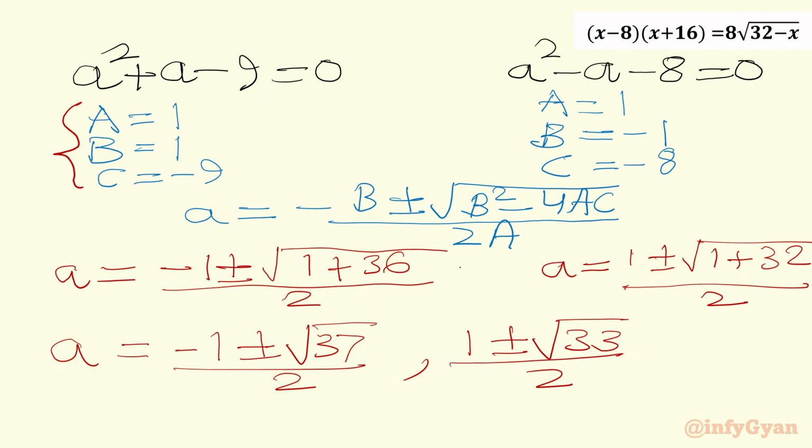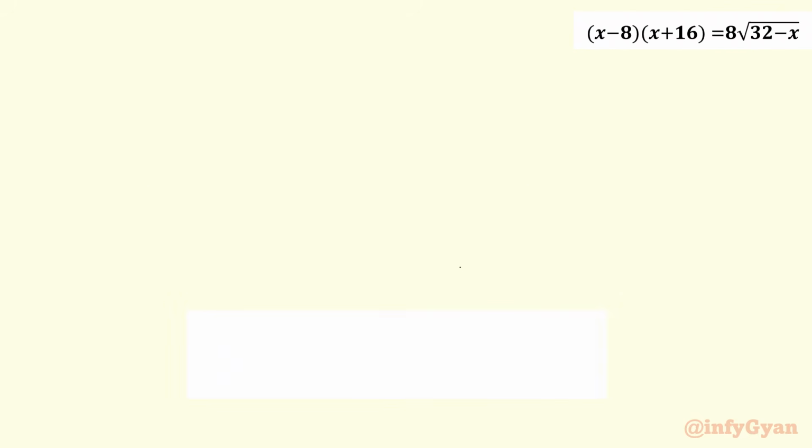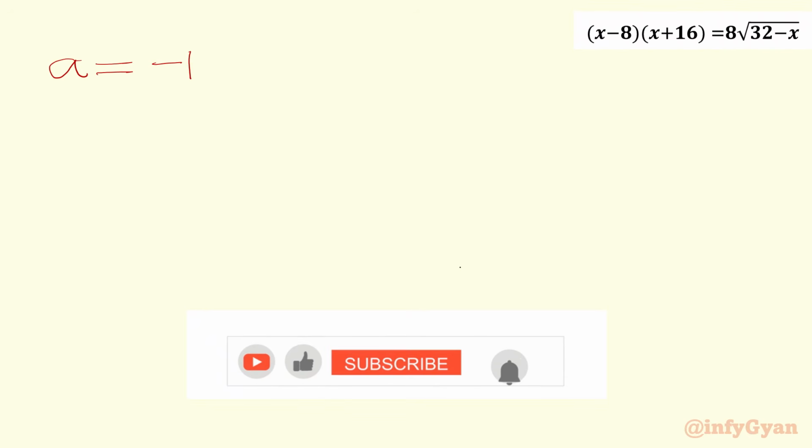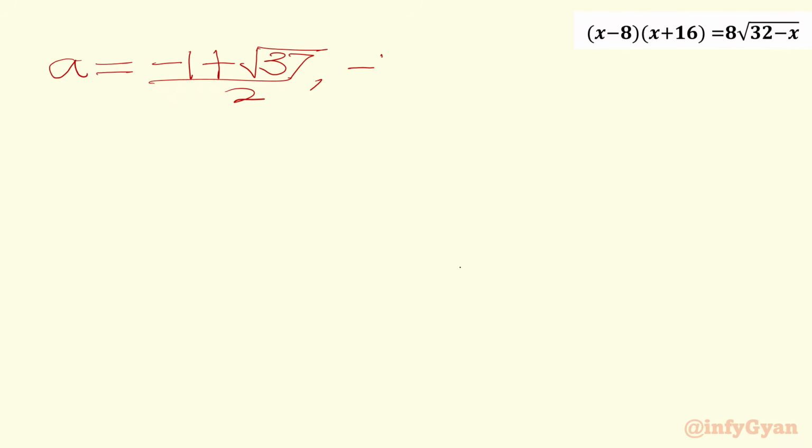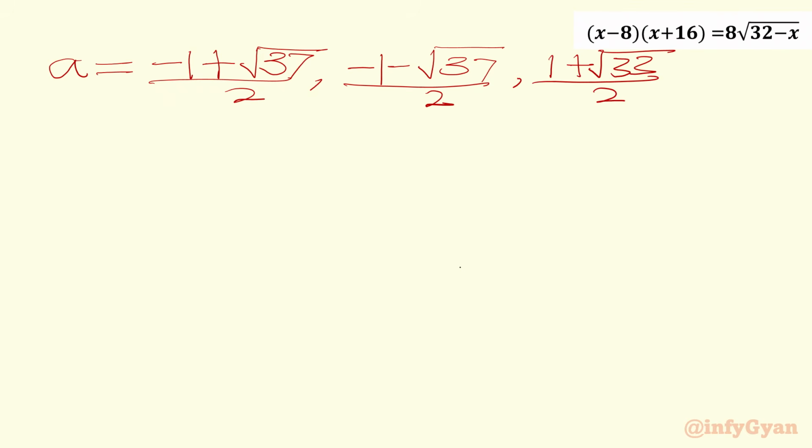Now we have restrictions on a. Let me write all the 4 values separately. −1 plus square root 37 over 2, −1 minus square root 37 over 2. Then we have 1 plus square root 33 over 2 and 1 minus square root 33 over 2.